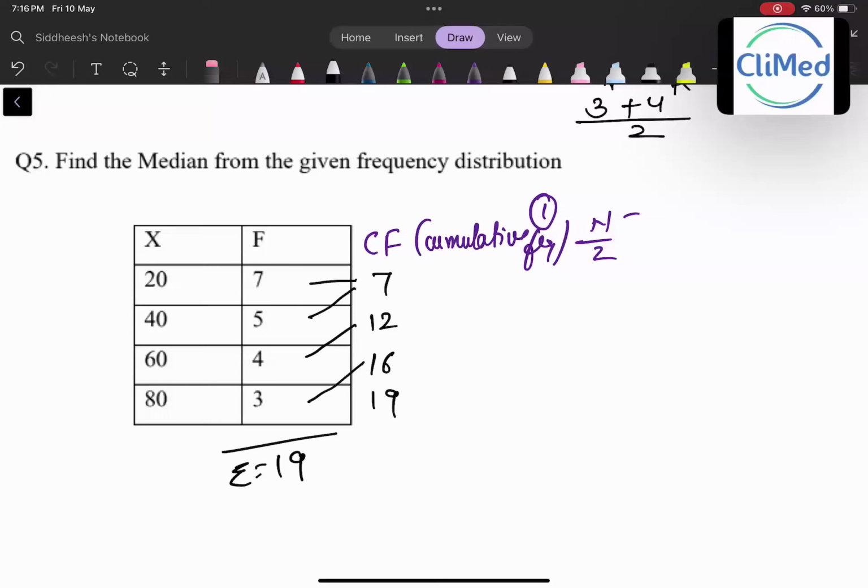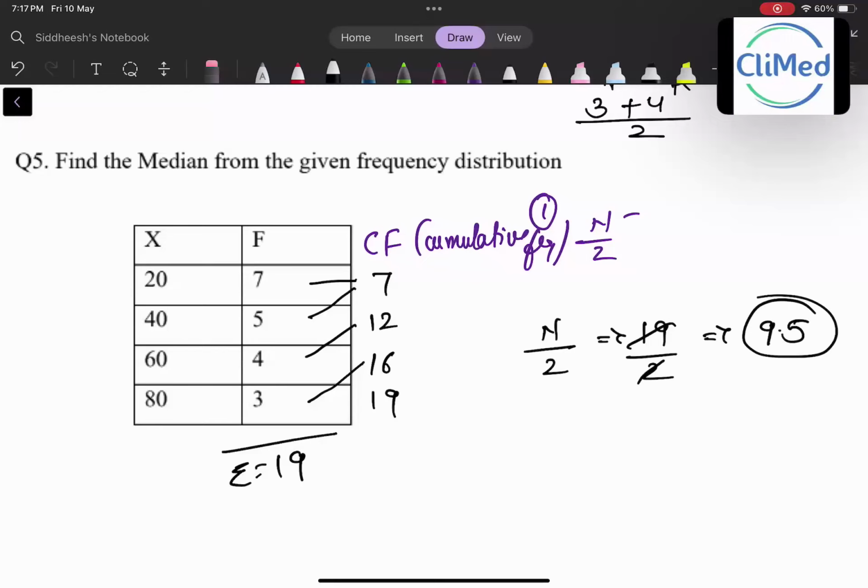Perfect, right? So for such cases, n upon 2 will be 19 upon 2. You have to solve it. What we are getting? 9.5. So we need to find any value that is equal to 9.5 or more than 9.5 in the CF range, not in the F range.